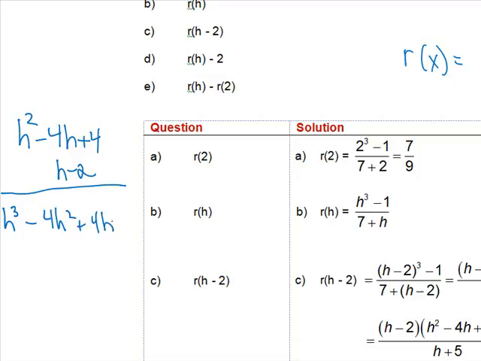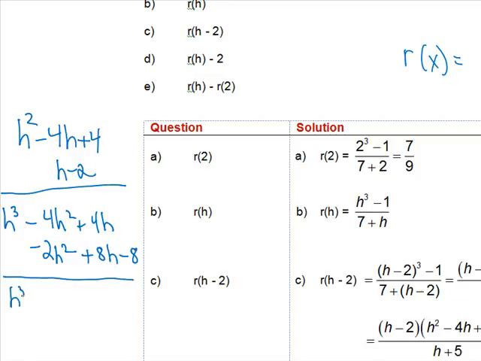Now I'm going to do everything in the denominator multiplied by minus 2. And the nice part about this is I can line up the like terms. So h squared multiplied by minus 2 is minus 2h squared. Minus 4h multiplied by minus 2 is plus 8h. And minus 2 multiplied by plus 4 is minus 8.